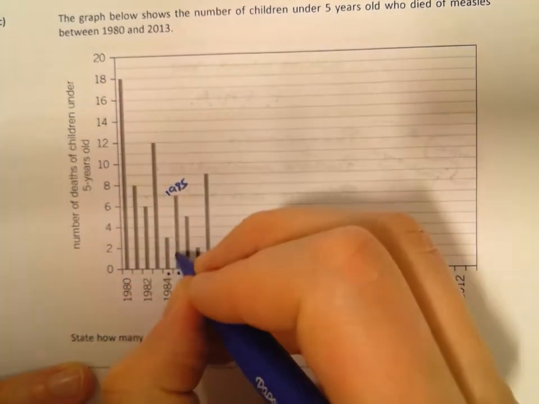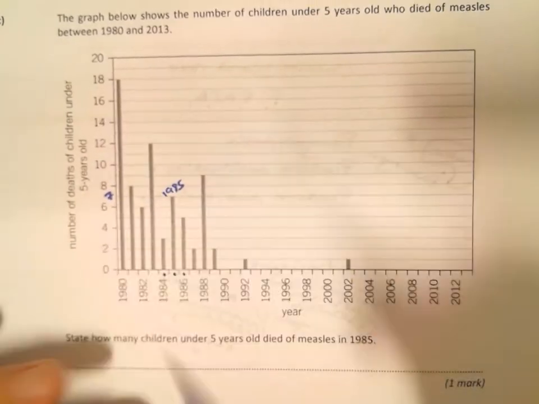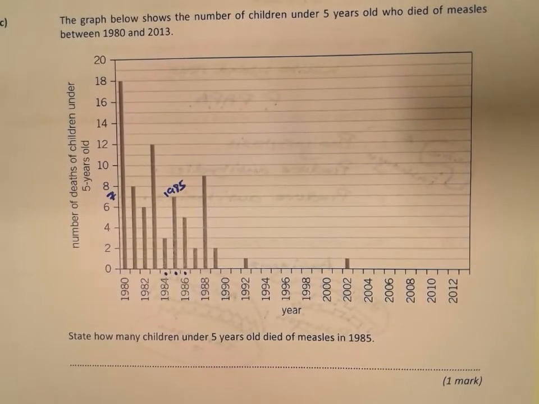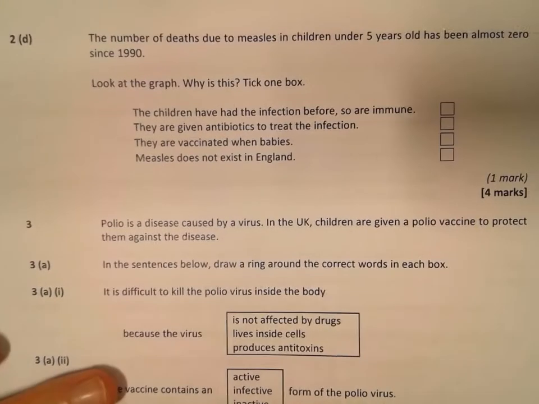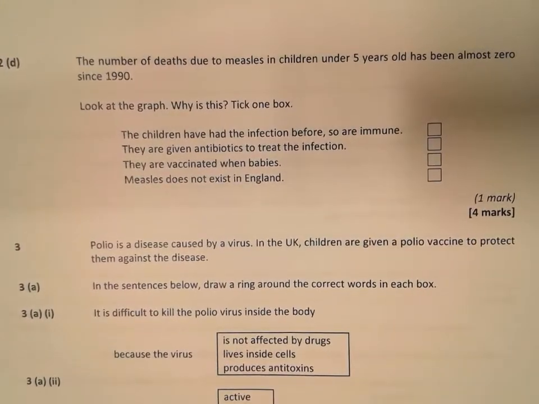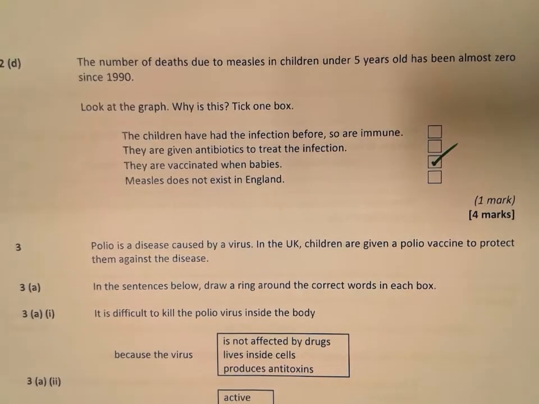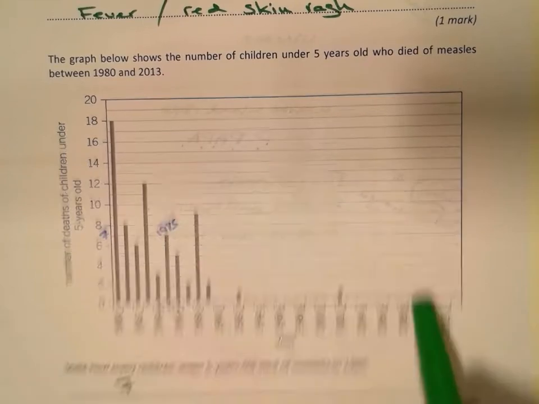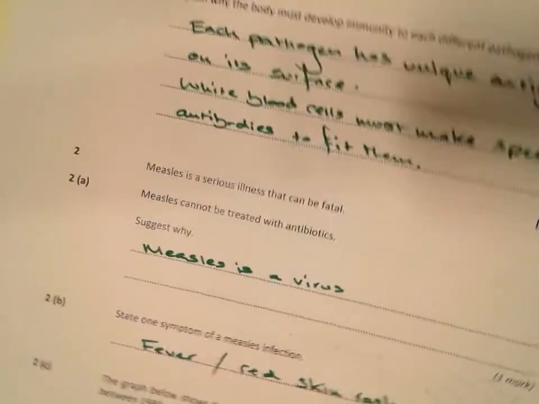If you go up and across, you can see that it goes to 7 there on the y-axis, so the answer would be 7. 2D, the reason is that they are vaccinated when they are babies, so that's why we've seen a big decrease in the amount of children dying of measles. If they get vaccinated, they are very unlikely to catch it when they are older.